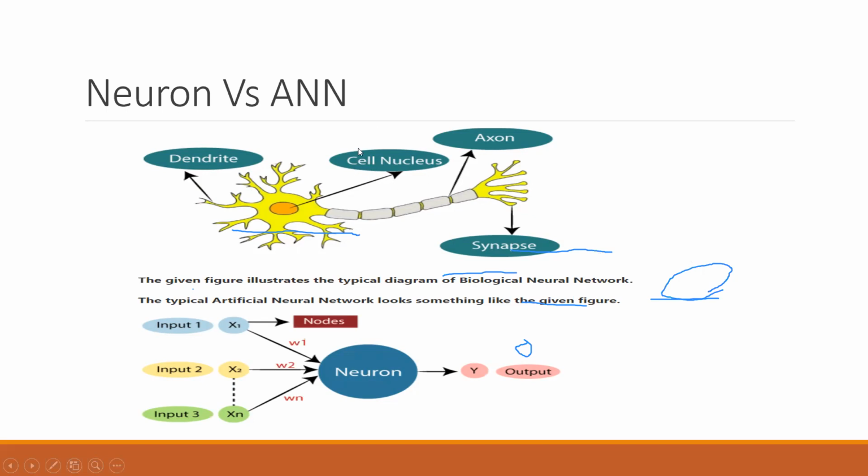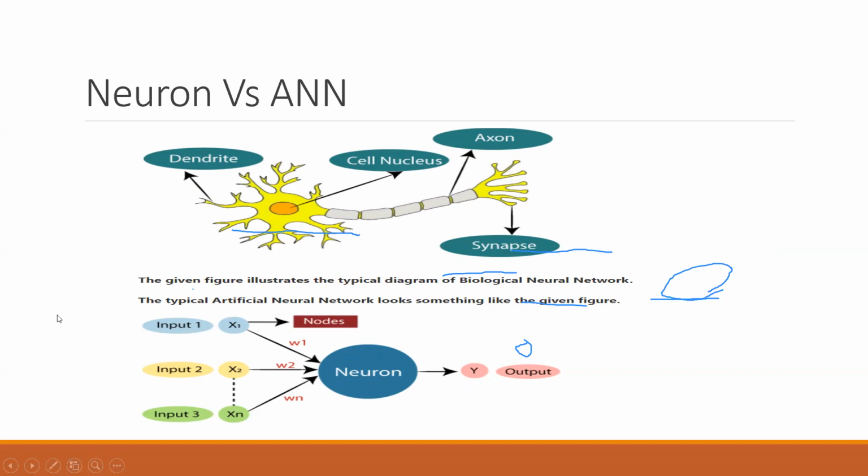Next, the cell nucleus, which is the center or the cell body. Next, we have the axon. This is the weight which is connecting the different neurons. And last, we have the synapse. Now, this is a biological neuron, and at the end, you can see the artificial neuron is designed.